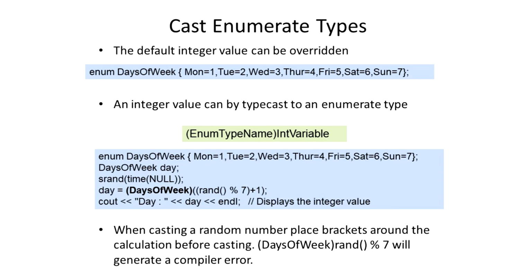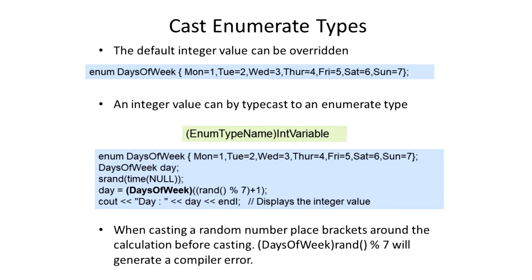And speaking of types and values, it's worth stating again that we can override the default values that are assigned to the enumerations, the categories, as you'll see in the first blue box here, where we define those constants, the categories. We can also assign a hard-coded value at that point.